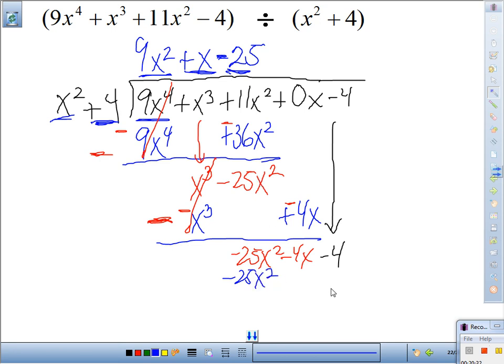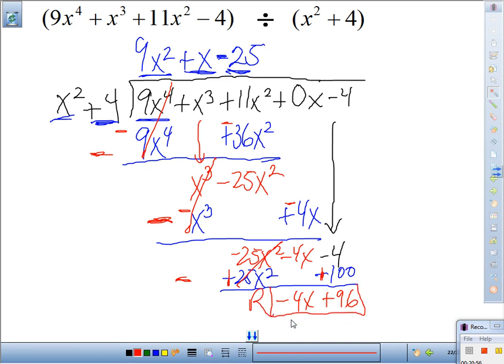Negative 25 times 4 is negative 100. I'm going to subtract, which means this turns into its opposite, and this turns to its opposite. So my remainder is negative 4x plus 96. That's my remainder. And if you got that, okay, good.